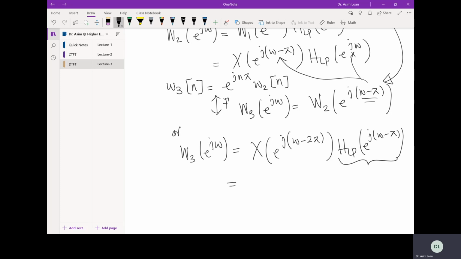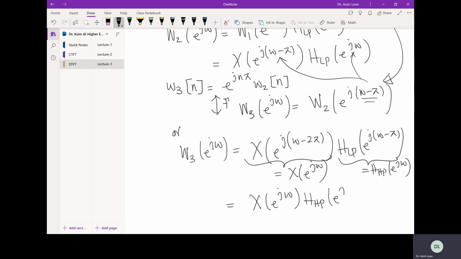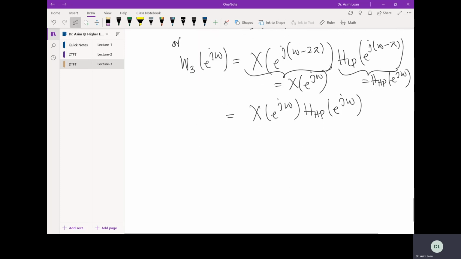This becomes a high pass filter. And this one, since it's periodic, repeats, so this is equal to X of e^{j omega}. So W3 of e^{j omega} is simply X of e^{j omega} into H high pass of e^{j omega}. Okay. And what is W4 of e^{j omega}? W4 of e^{j omega} is simply X of e^{j omega} into H low pass of e^{j omega}.